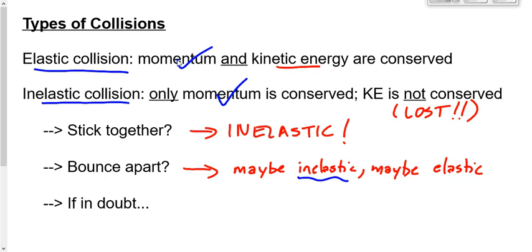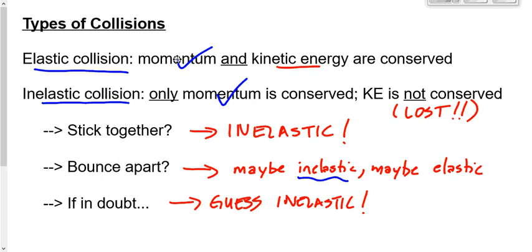It's not for sure. But you know what? If in doubt, guess inelastic. I'm not telling you, though, that if they bounce apart, that you should automatically guess inelastic. Figure it out if you can. But if in doubt, guess inelastic.